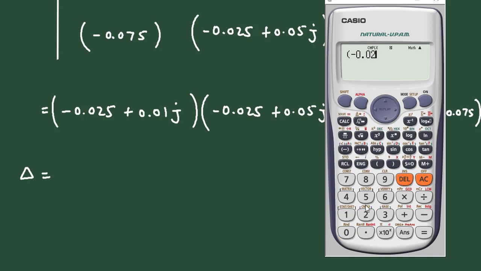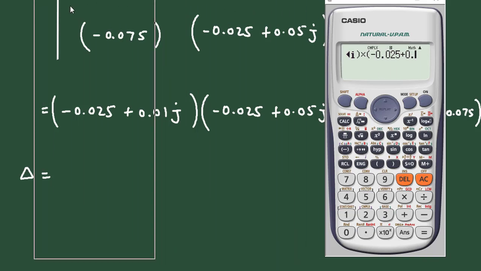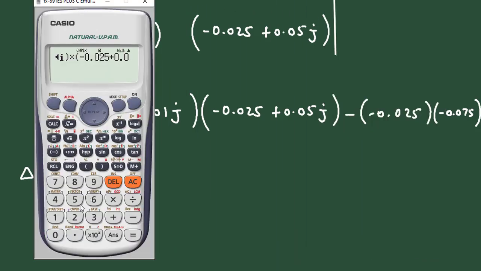Minus 0.025 plus 0.01 into j multiplied with minus 0.025 plus 0.05 into j minus 0.025 multiplied with minus 0.075.